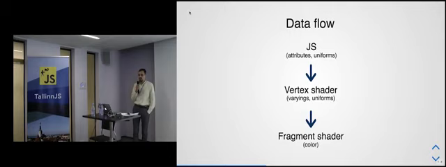It's a C-like language. The vertex shader should compute each vertex's attributes, called varyings, and pass them to the fragment shader. The fragment shader takes them and computes the final color of the pixel.